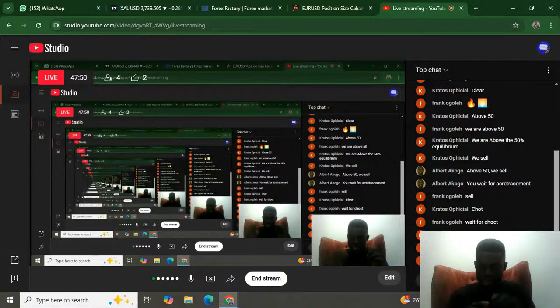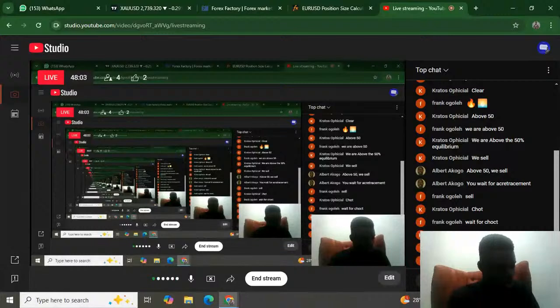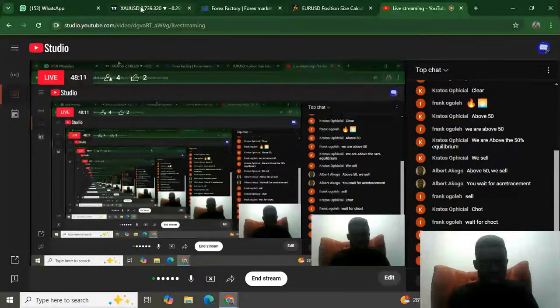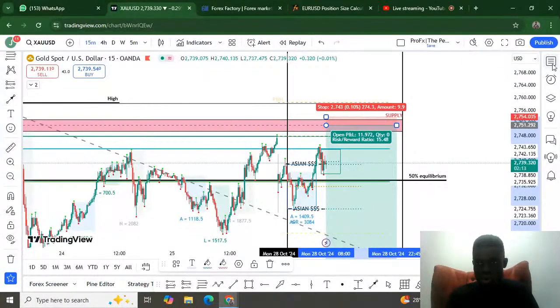So is that clear? Signal is not the same as copy trading. If you are funding your account and doing copy trading, you are not doing any signal. Is that clear? Copy trading and signal, the difference. So let's go on to the next pair.